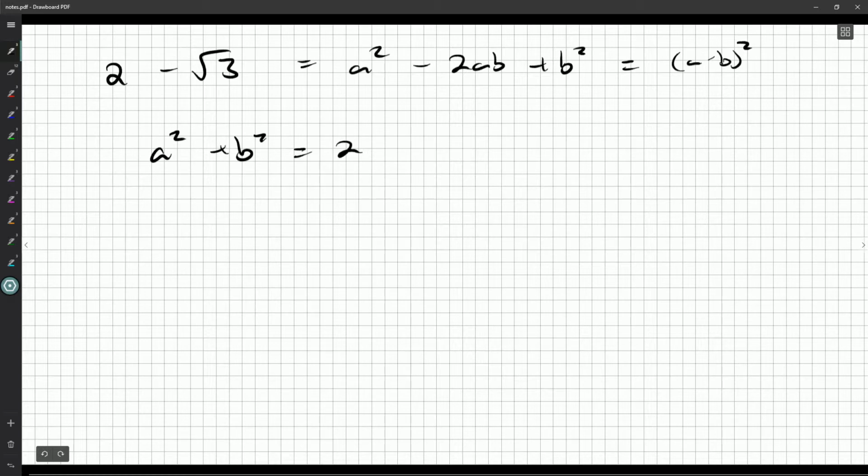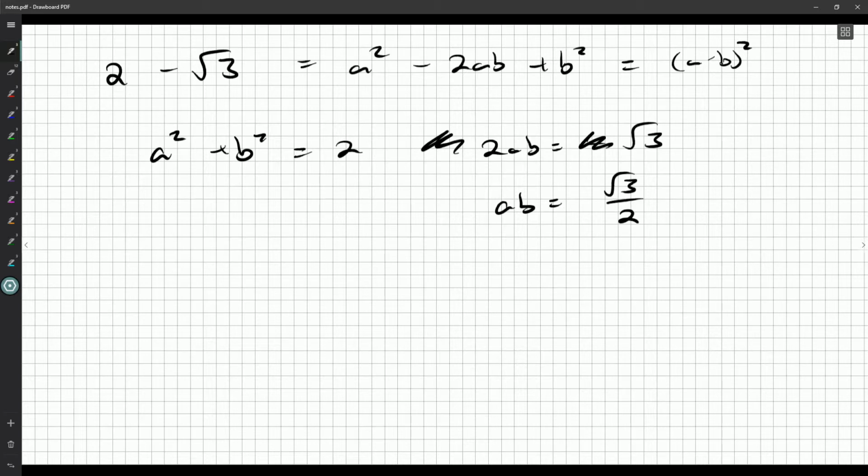So if I can write 2 minus root 3 as a squared minus 2ab plus b squared, then I'd have a minus b squared and then just square root it. So matching things up, I need a squared plus b squared to be equal to 2, and I need minus 2ab to equal minus root 3. So 2ab needs to be root 3, ab needs to be root 3 over 2.